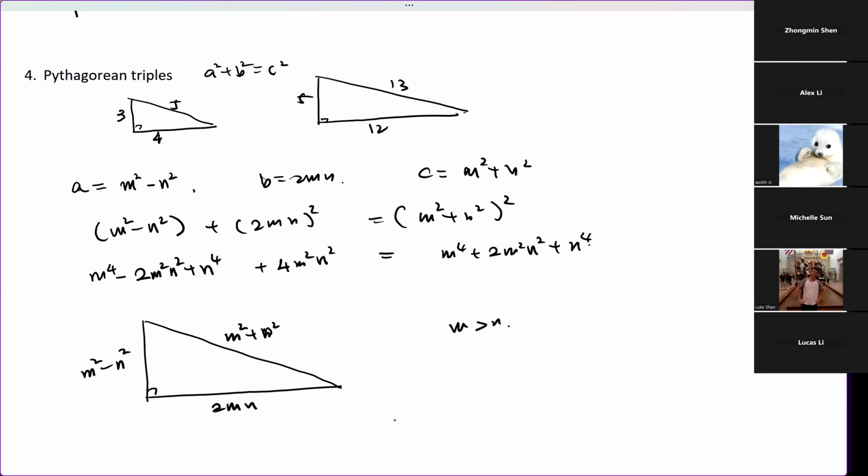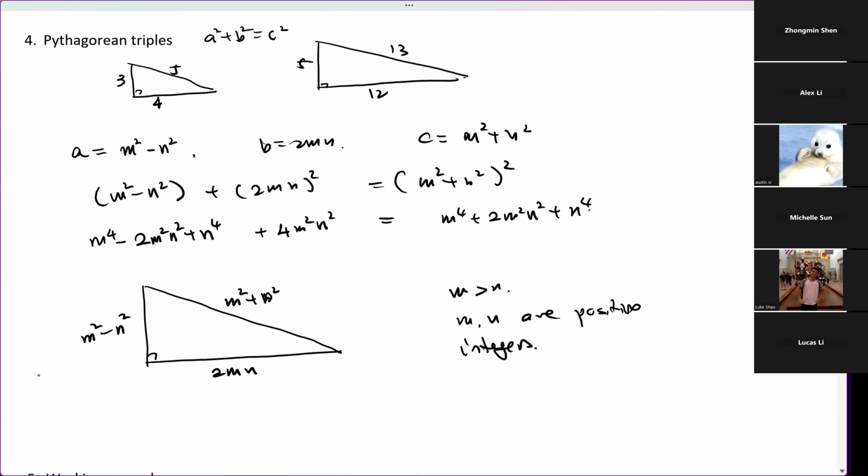So now I get thousands of triangles because m and n can be arbitrary integers. As long as m is greater than n, then m squared minus n squared will be positive.